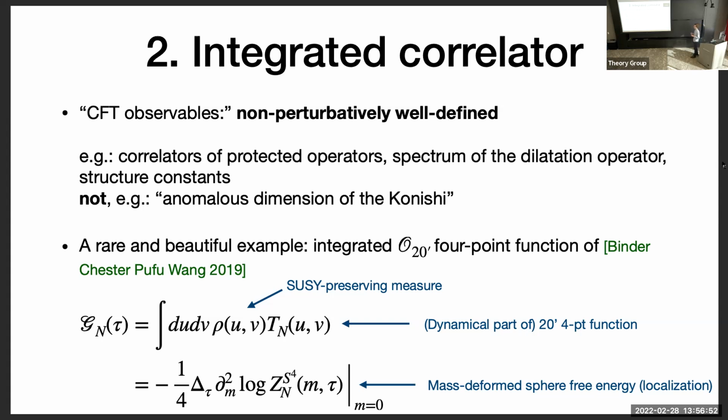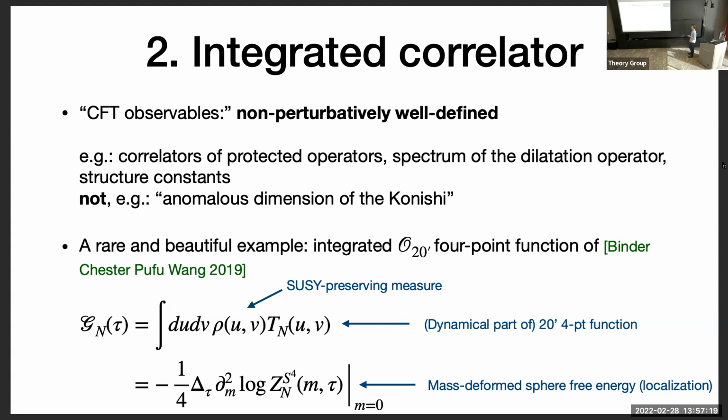So I have in mind things like correlators of protected operators, the spectrum of the dilatation operator, structure constants of primary dilatation eigenstates, things that can be defined in terms of CFT data, essentially. What I do not have in mind is anything that makes reference to the Lagrangian formulation of the theory or relies on large N for it to be well defined.